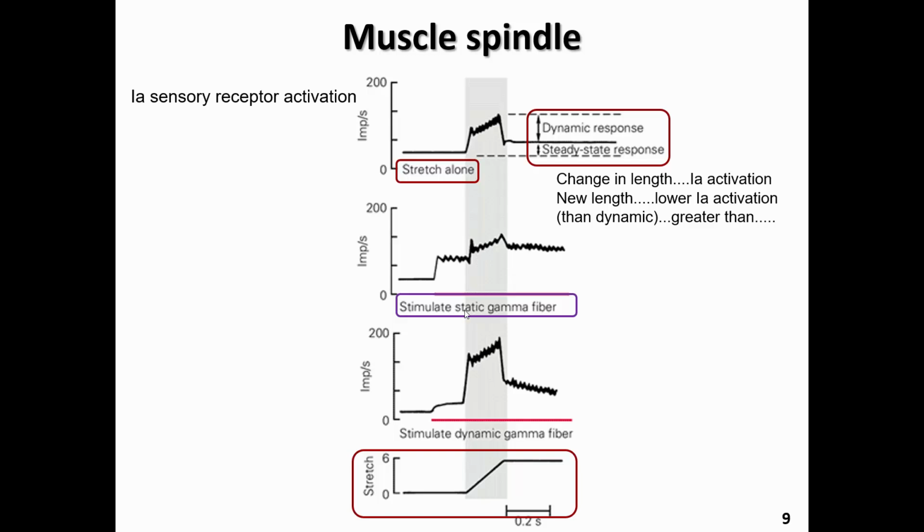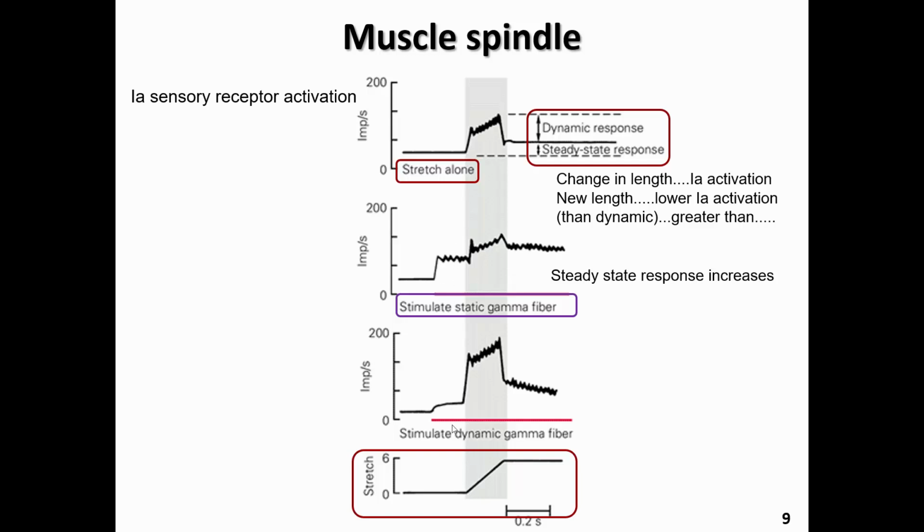But what we have up here is that when we activate the static gamma fibers, we see that it still generates a similar dynamic response, but notice right before the actual stretch, when the gamma fibers were activated, we see that 1A activation elevates above the baseline, but the muscle was not passively stretched here.